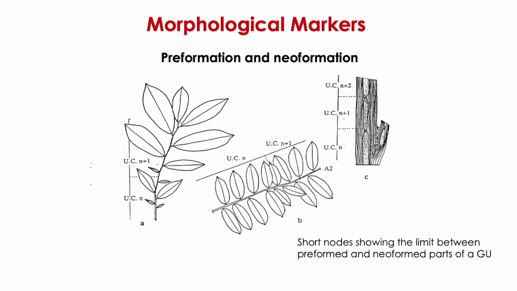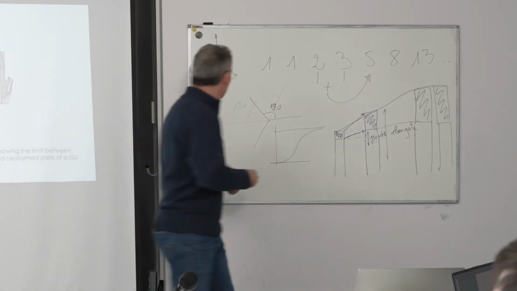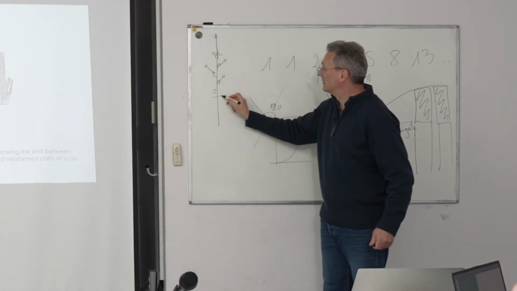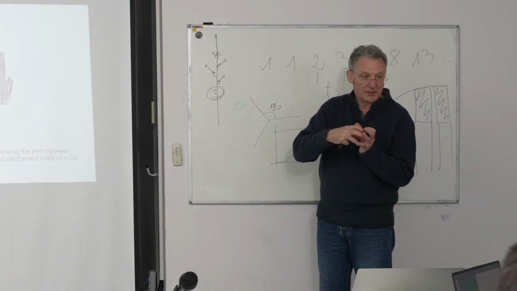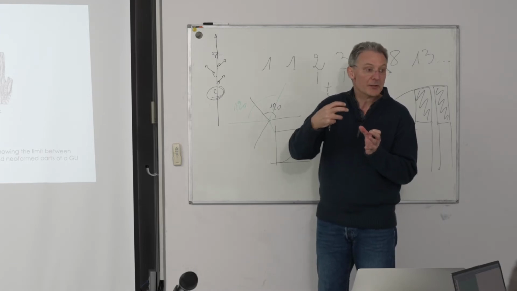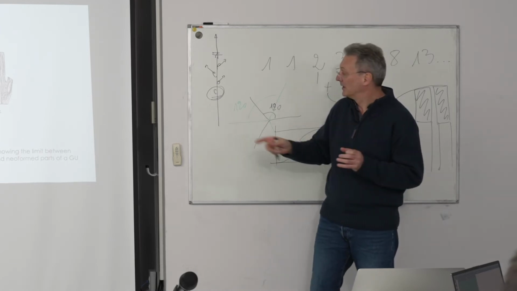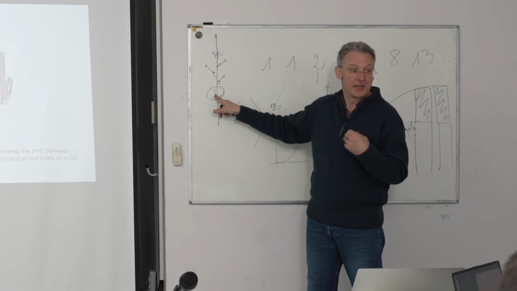This is an illustration of what we said. If you have different types of growth unit, sometimes the first growth unit was built during the winter. Actually, during the winter, or just in the growth period before, while the bud was already dormant, some organs were created within the bud without elongating.